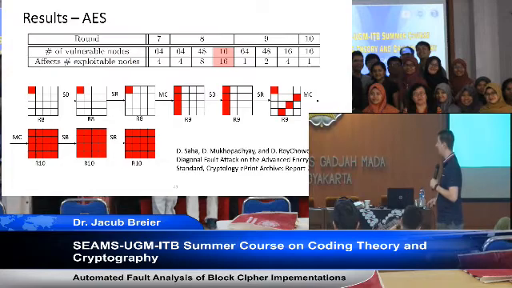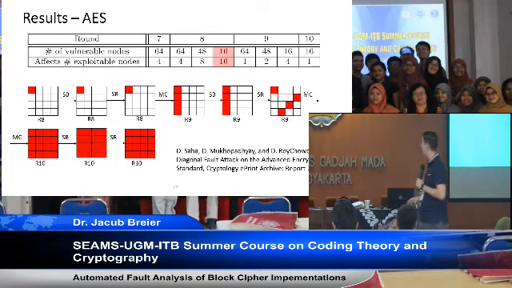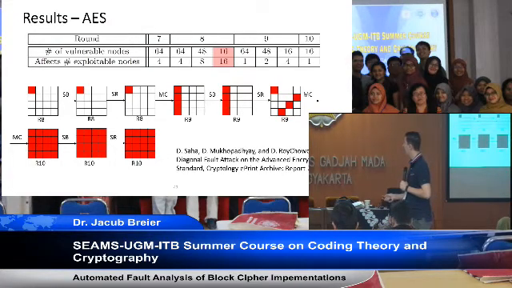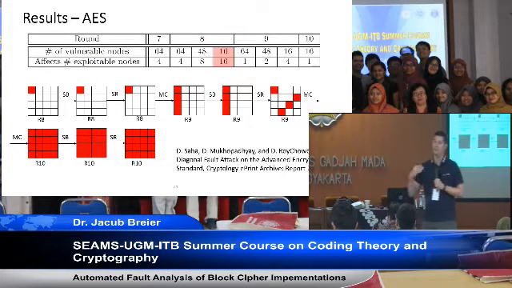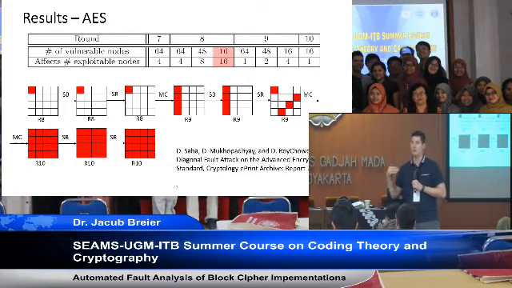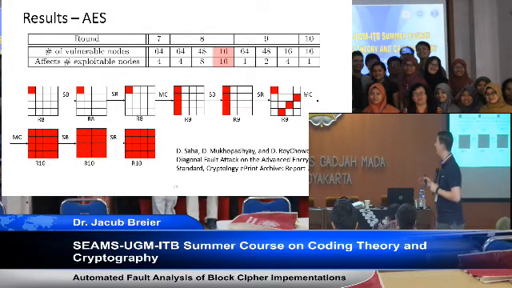So such analysis told us, okay, the earliest round is actually round 7. And among these attacks, we also found an attack which actually corresponds to the current state of the art, which is just a single fault attack on AES.